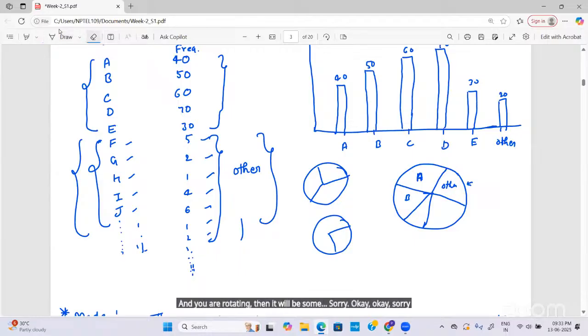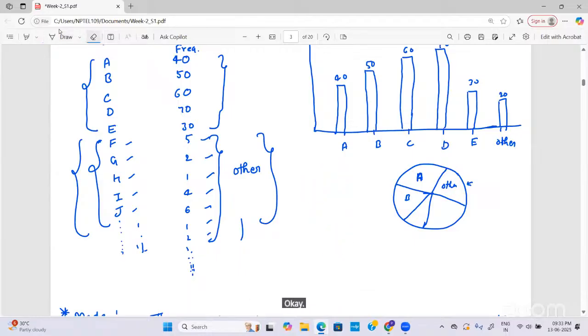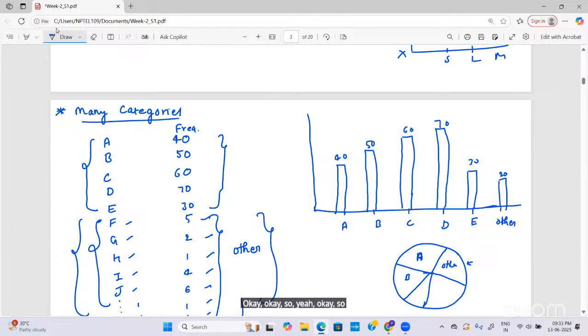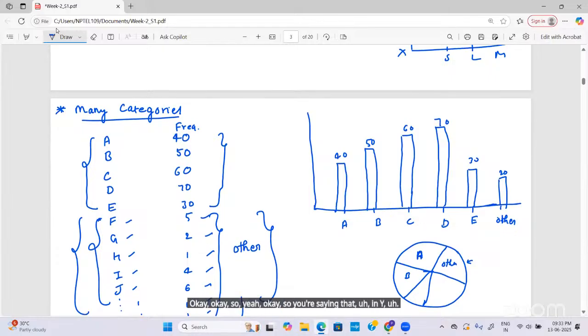So you're saying that on the y-axis you're representing the categories, and on the x-axis you're representing your count. Yeah, you can do that.